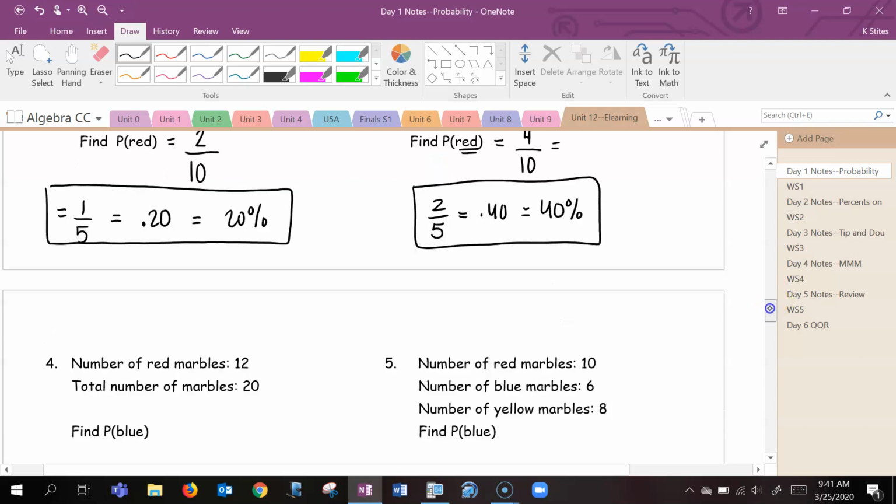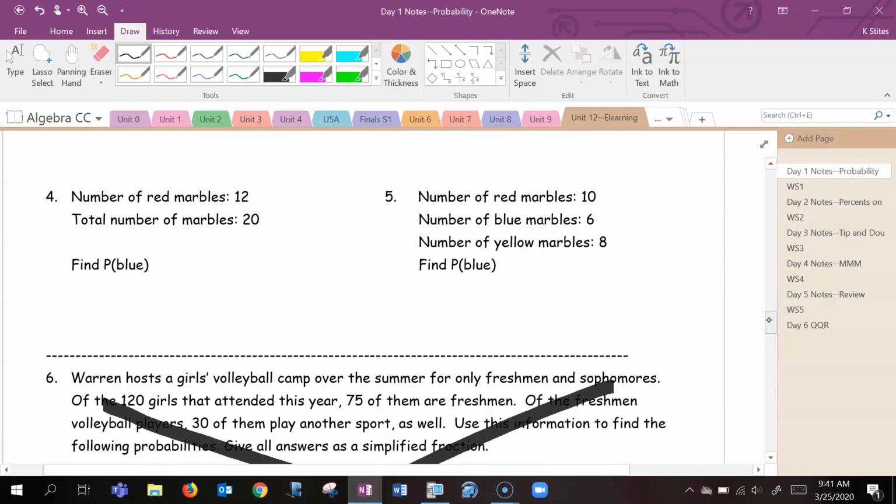All right, great job. Let's look at 2 other situations with that. Number of red marbles, 12. Total number of marbles, 20. This time we're finding the probability of blue. So this is a little trickier because I didn't tell you how many blue marbles there are, but you know there are 20 total and there are 12 red. So you can put your 20 on the bottom right now since that's your total. In order to find our blue marbles, we're just going to subtract these.